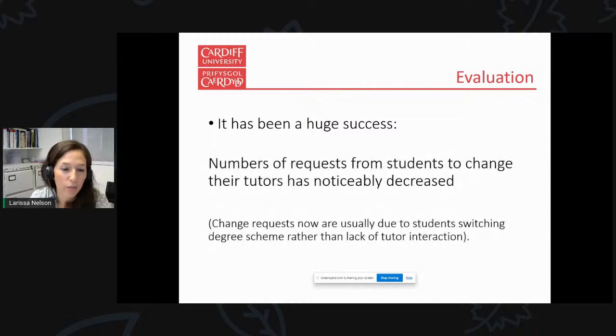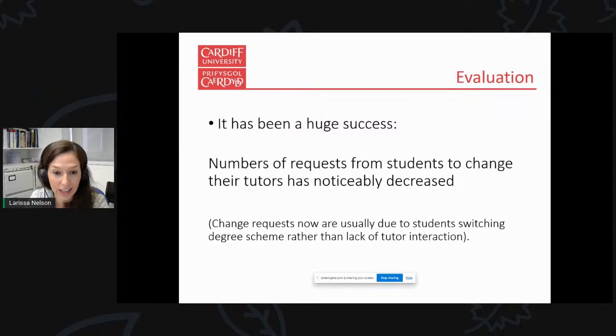We've also seen a reduction in the requests for change of tutors. Previously, all tutors have the option to request a change of personal tutor, and it was a pattern on which tutors we would see having requests. Obviously there are more engaged tutors and less engaged tutors.